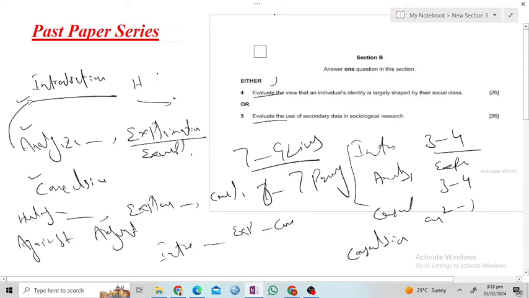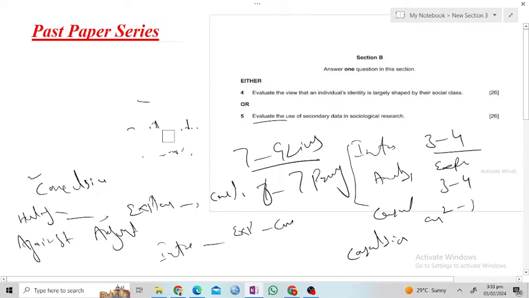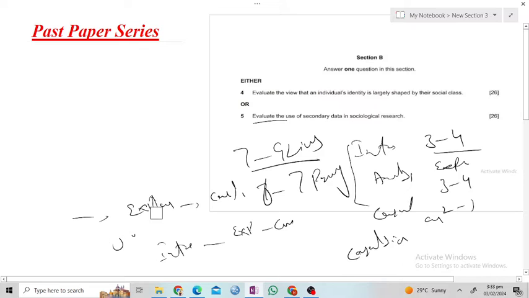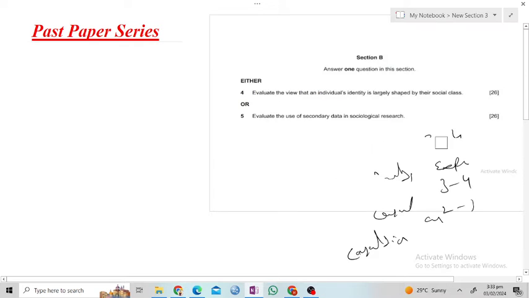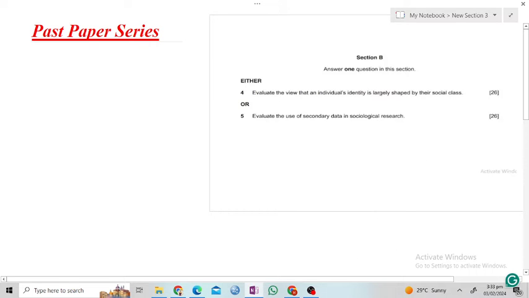One thing to keep in mind before attempting: you must keep maximum time for this question. As I told you in previous videos, don't give extra time to 4 marks and 6 marks questions. Attempt them quickly, so you have plenty of time to think about the 26 marks question, because you cannot compromise on such a huge mark question. Now let's solve it.